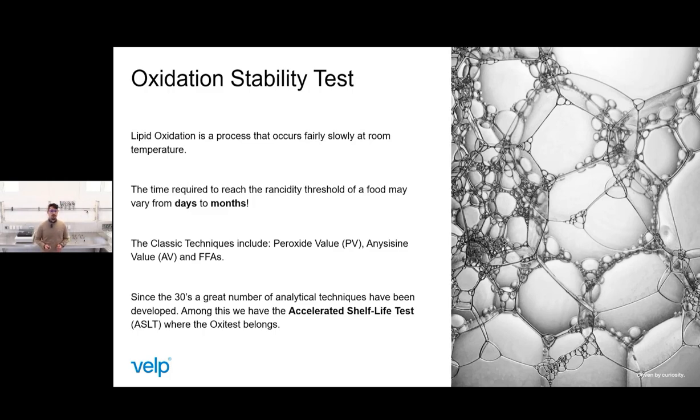This category of tests is called accelerated shelf life tests, and this is where the Oxitest method belongs. The Oxitest method allows us to simulate, as we will see later, the oxidative process under controlled conditions, but drastically reducing the time required to evaluate the shelf life of the product.